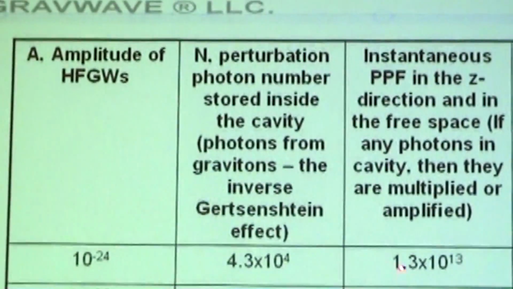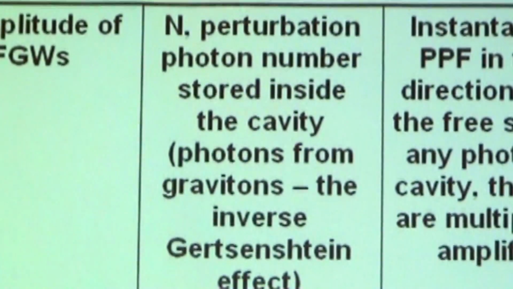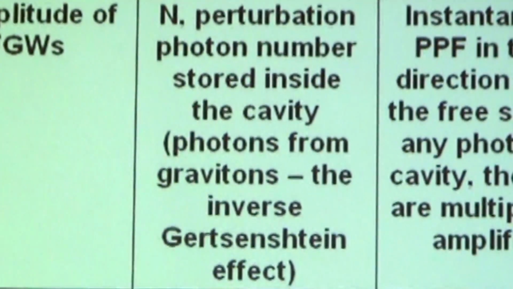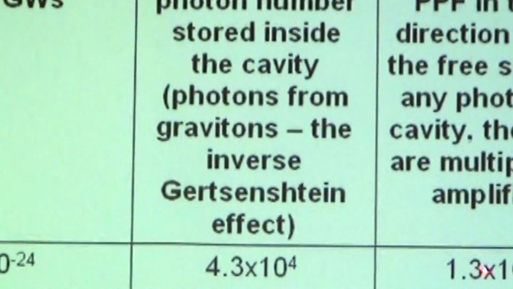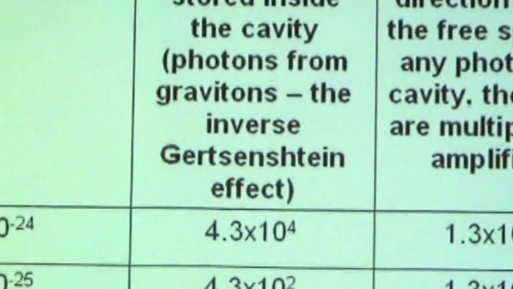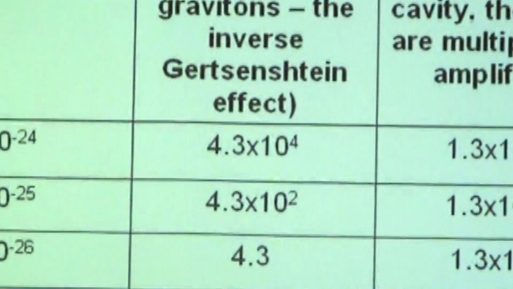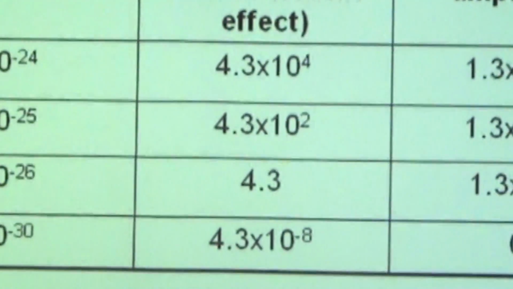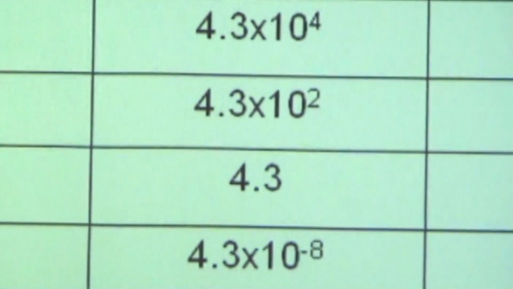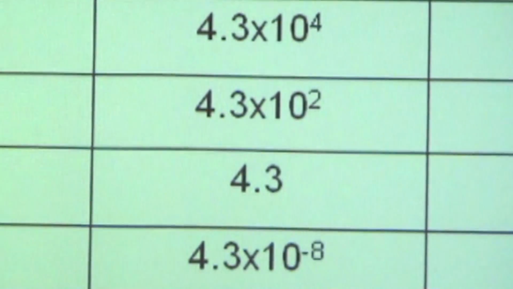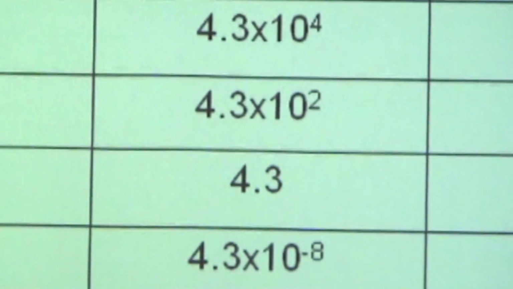These simply go through. This is the number of the perturbative photons, that is, the photons produced by the system, and then they are multiplied. They go back and forth in this laser light thing, and then they come out over here, 5 times 10 to the 19th of these.